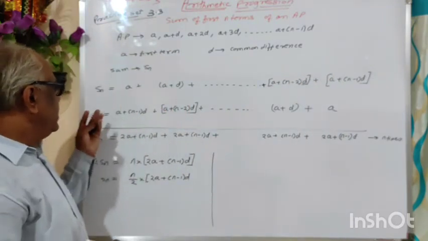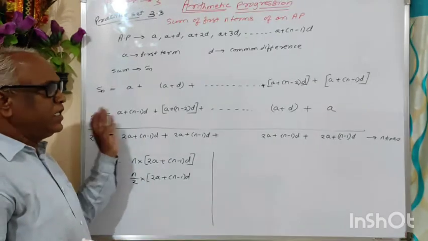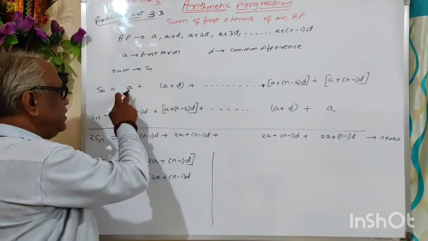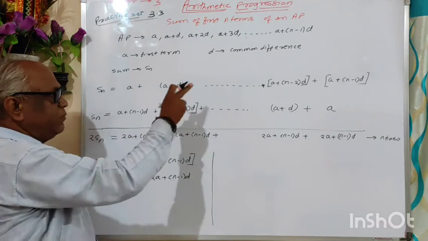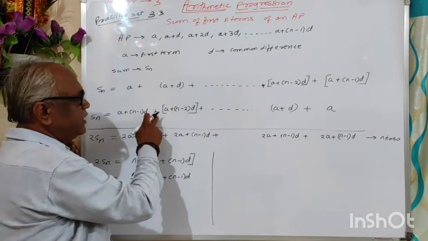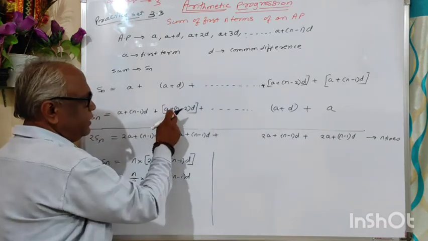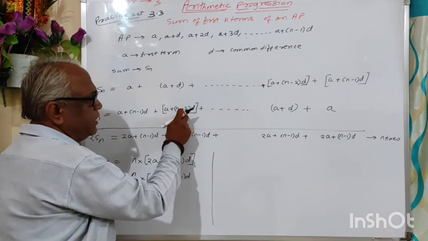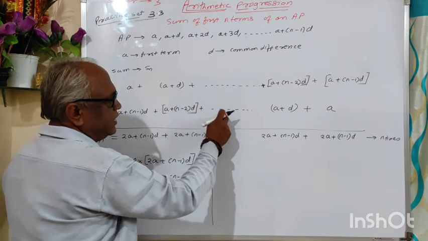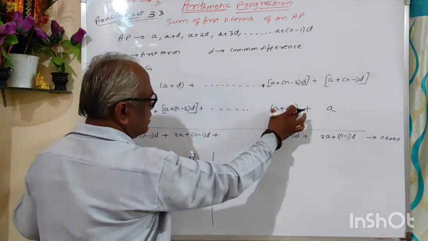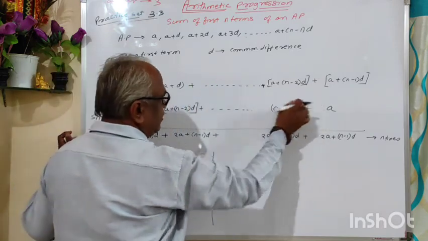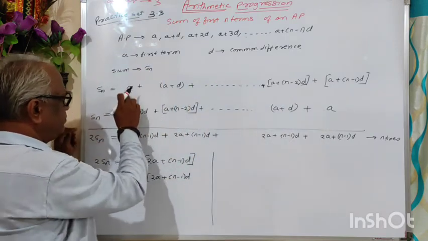Now Sn, the second time, we are writing in the reverse way. Below this: a plus (n minus 1)d plus a plus (n minus 2)d plus up to a plus d and this plus a. Now we are adding these.